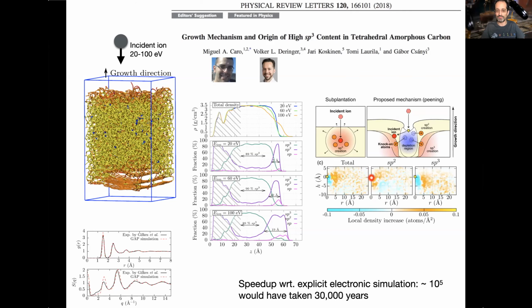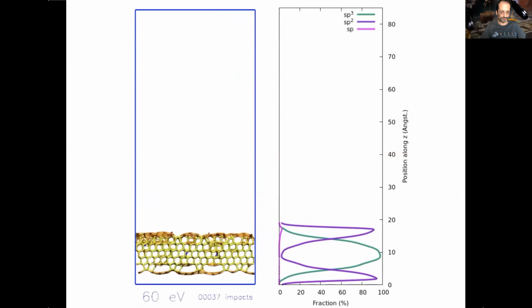The star is where the impact is. And you can see the sp3 fraction underneath, this is then separated into total sp2 and sp3. So underneath the impact site, you have a depletion of sp3, and there's a densification around it. And then one can use this to interpret and understand experiments.